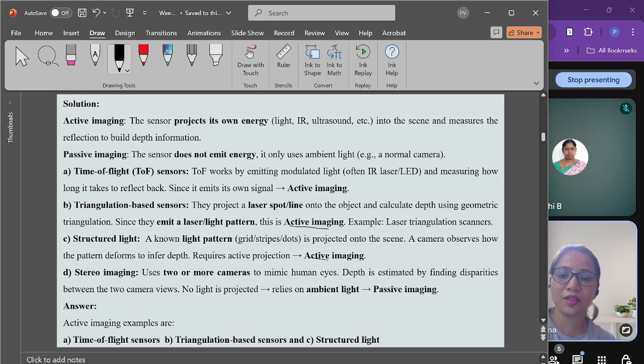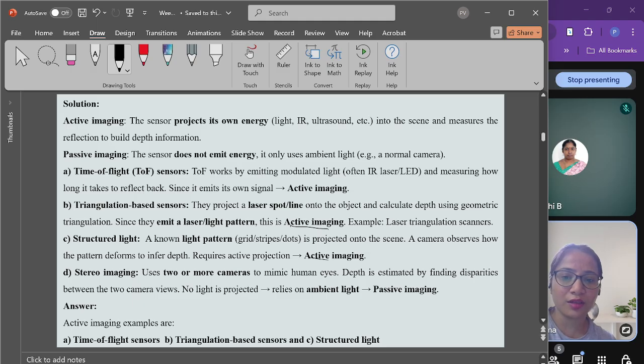Now the next one is stereo imaging, which we studied earlier. It uses two or more cameras to mimic the human eyes, how we see or perceive any object.